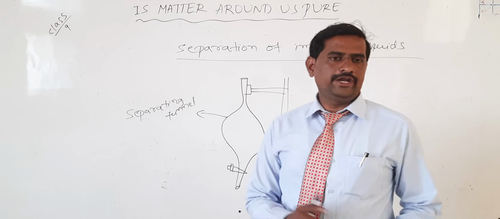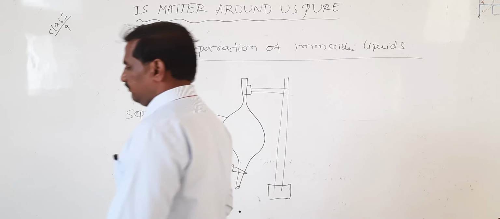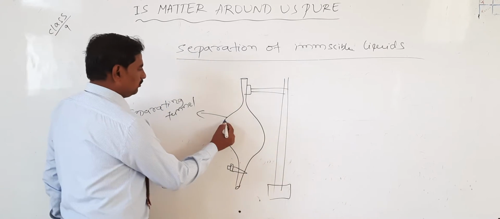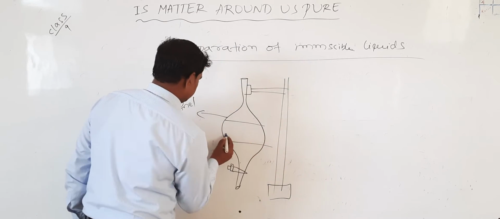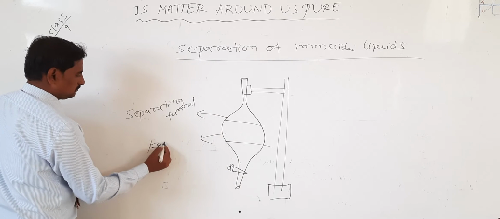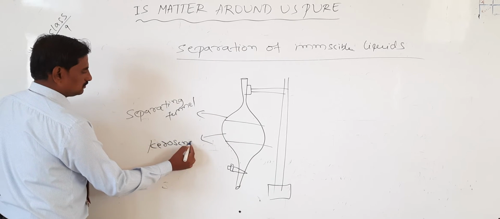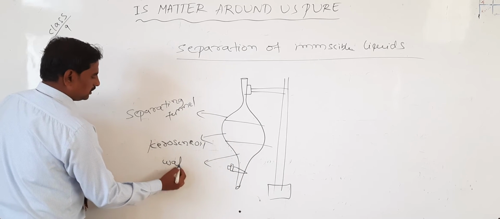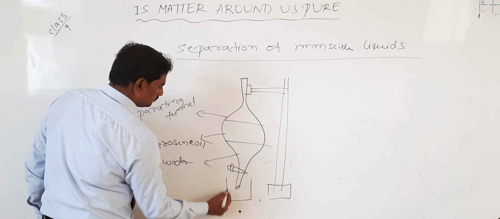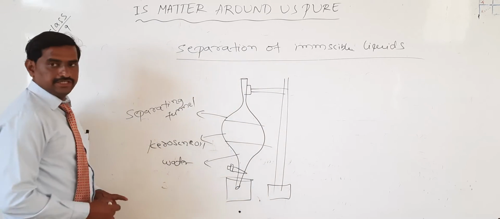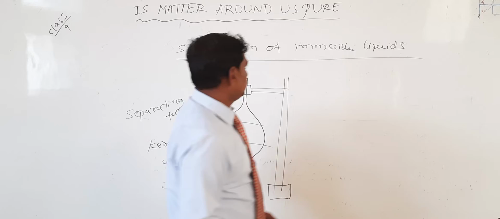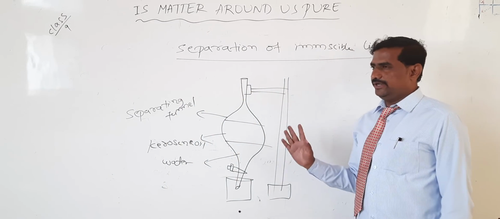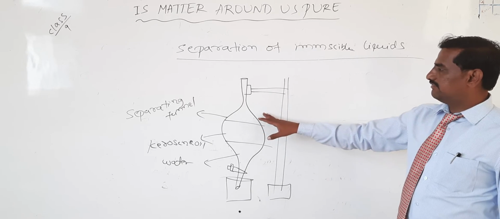For example, oil and water. If we take kerosene oil and water, the separation of immiscible liquids can be done with the help of the separating funnel.